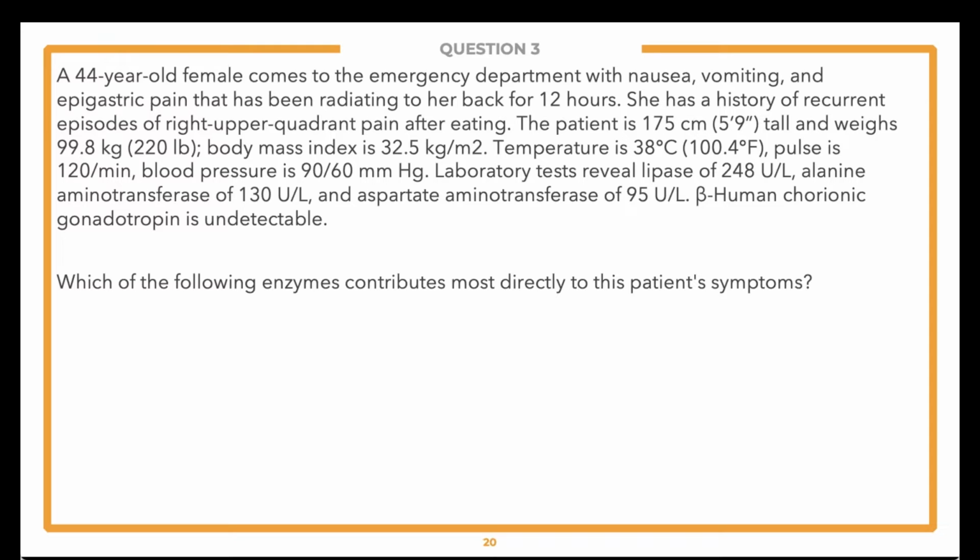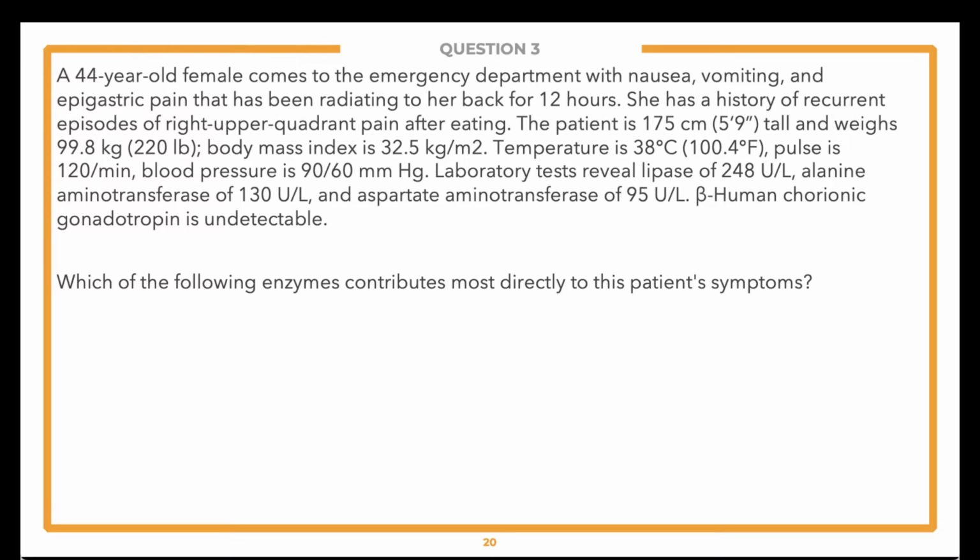Which of the following enzymes contributes most directly to this patient's symptoms? Okay, just seeing that should help you frame your approach and tune your radar to the kind of data that's going to help you here. So with that, let's go ahead and read the vignette.